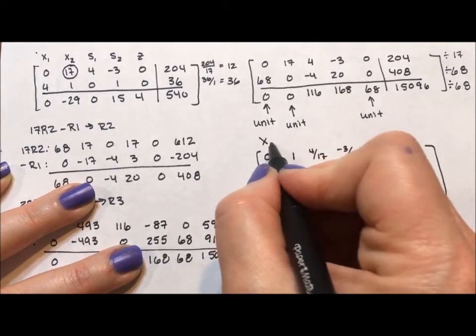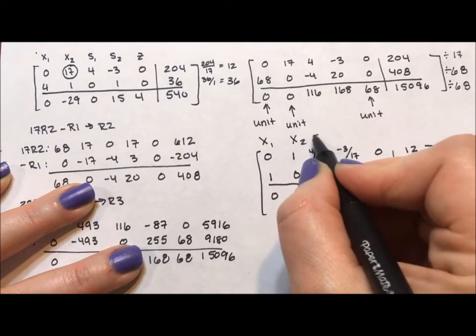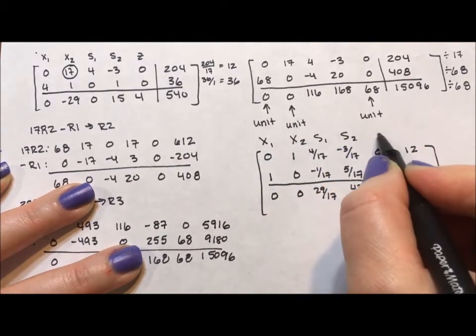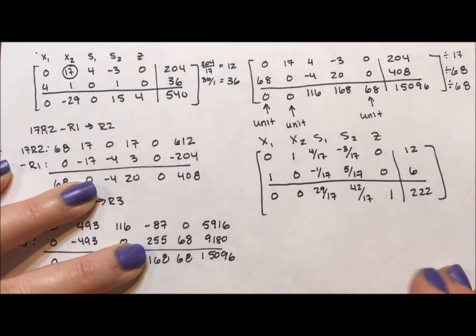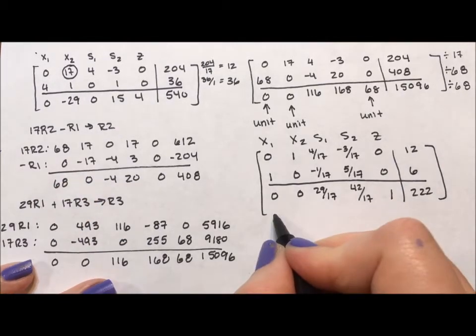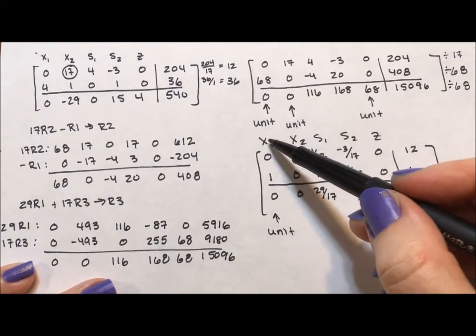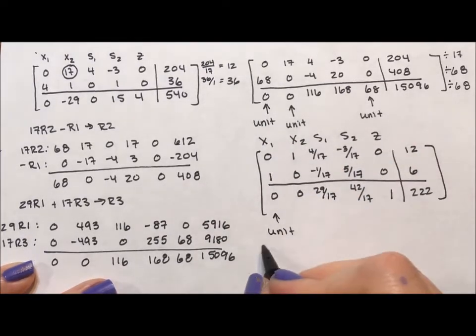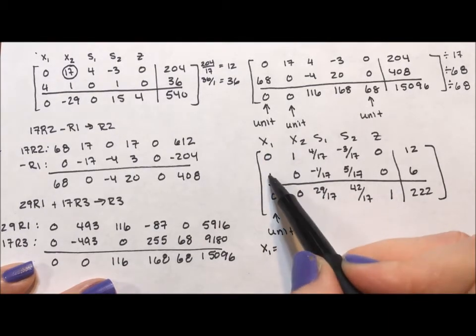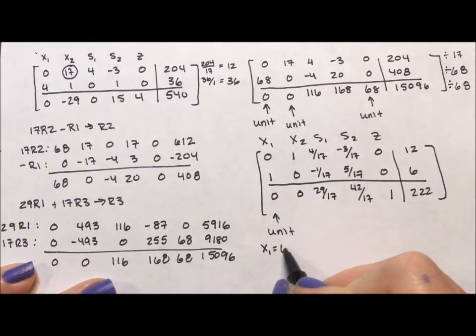This is my x sub 1 column, my x sub 2, slack, slack, z. So how this reads, a unit column translates to, let's see, x sub 1 is a unit column, so x sub 1 has a value that isn't 0. The value for x sub 1 is 6.